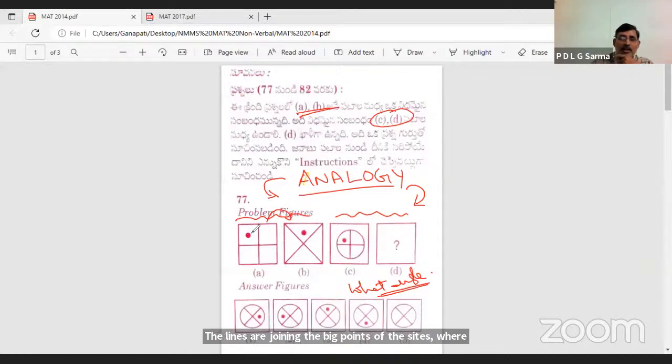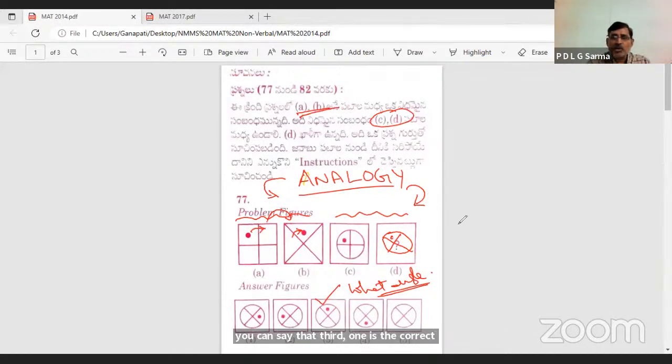Now the dot is coming here, which means it is moved through an angle of 45 degrees. The same thing here, so first the circle has to come like this, and then the dot. Where do you find such a figure? 3. Yes, that's why you can say the third one is the correct one, right?